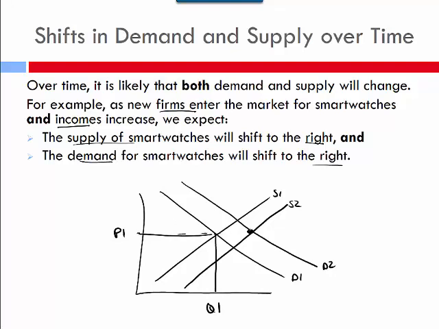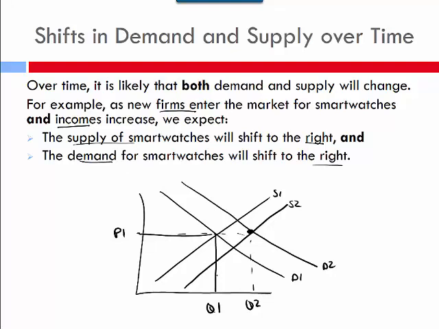So I end up at essentially the same price, but at a higher quantity. Now, the thing is, it might not have been the exact same thing. So what we have in this one, the shift in supply from S1 to S2 would normally bring the price down, but the shift in demand would bring the price up. So these two have essentially canceled each other out.